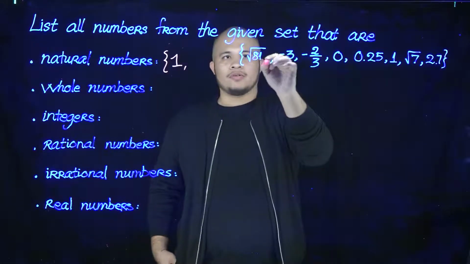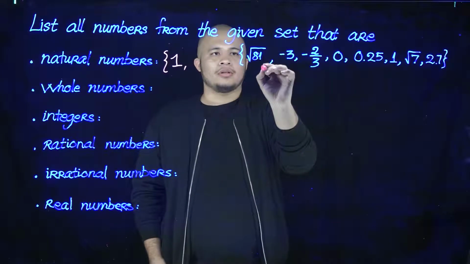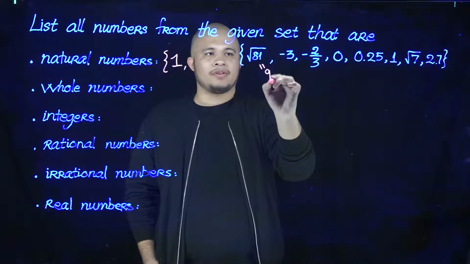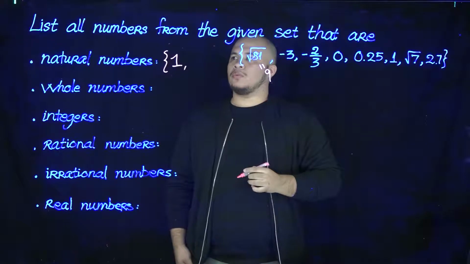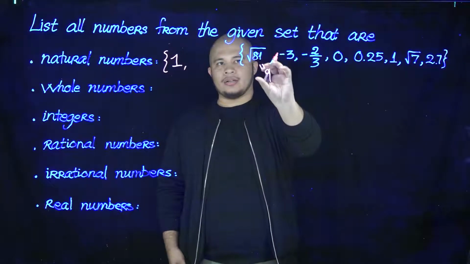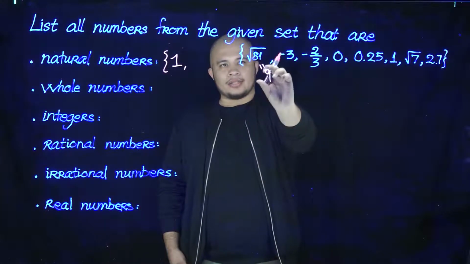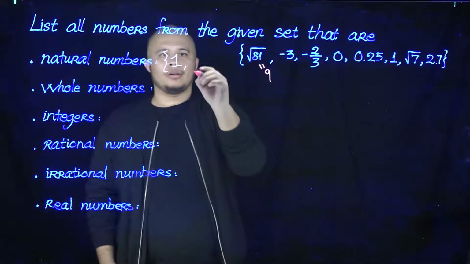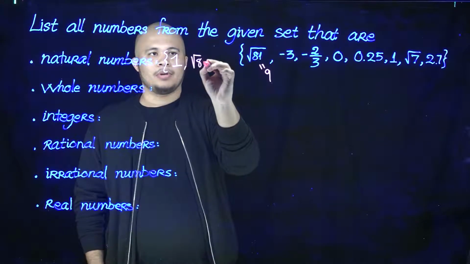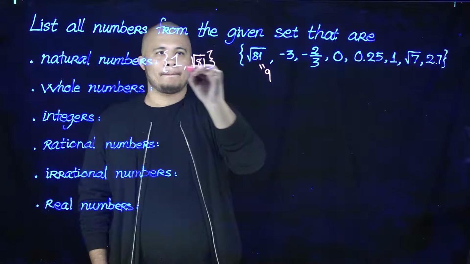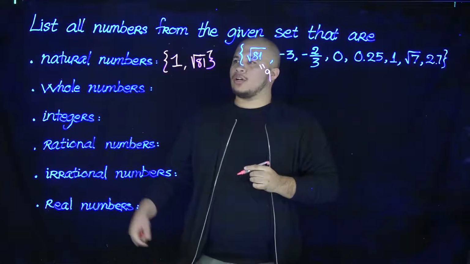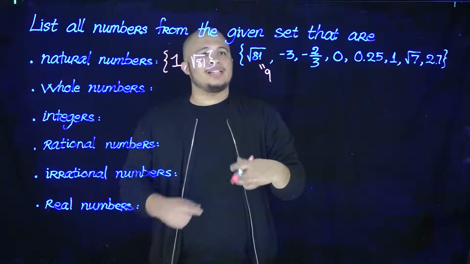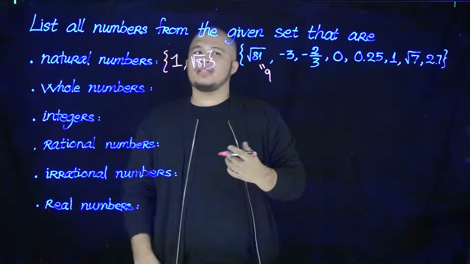Now, notice the square root of 81 right here. The square root of 81 can be simplified to 9. So we use this 9 just as a note to say, yes, this is a counting number. Therefore, the square root of 81 belongs in this set. For the whole number, we introduce an additional number with the natural number, and that's 0.